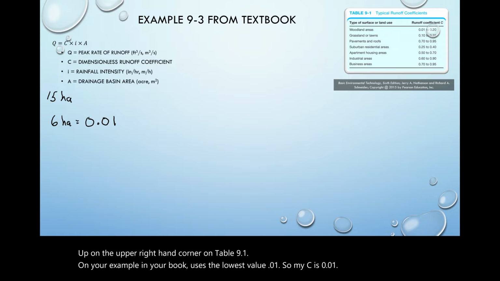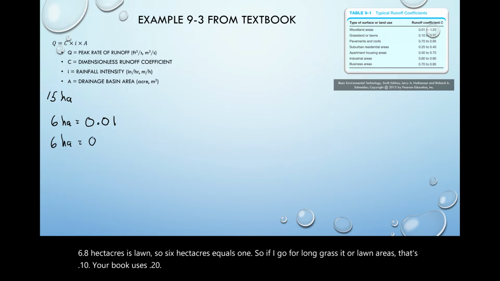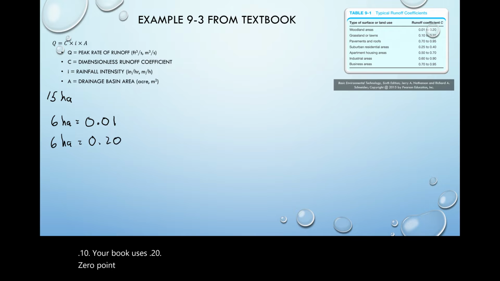Okay. 6.0 hectares is lawn. So if I go for lawn, grassed or lawn area, that's 0.10. Your book uses 0.20. Okay.